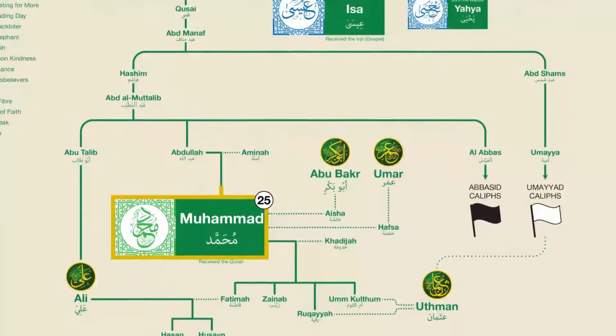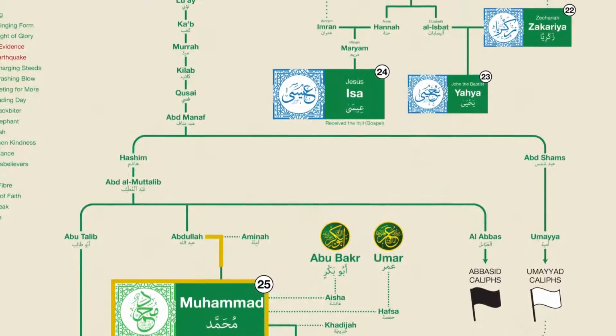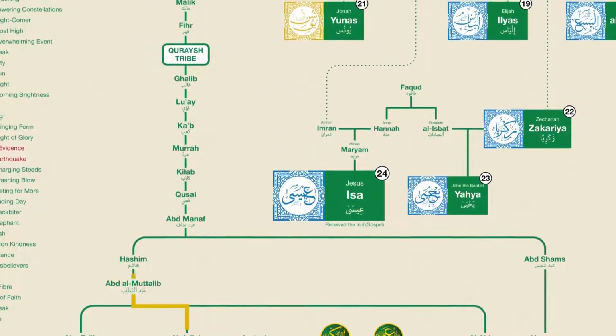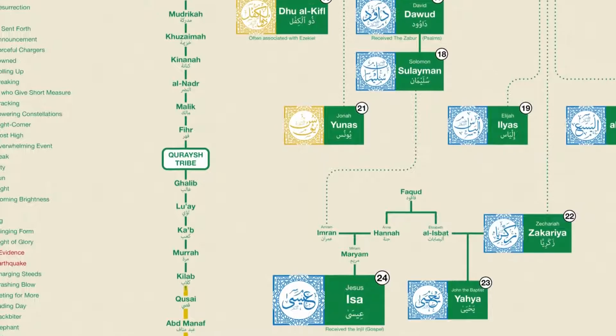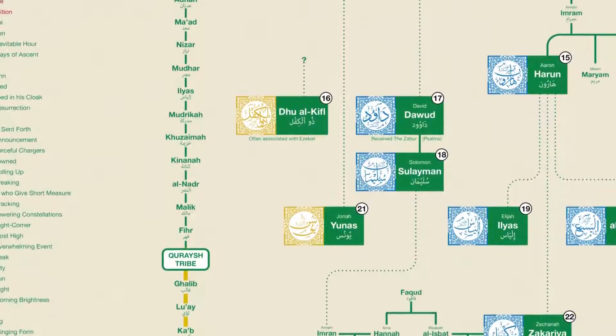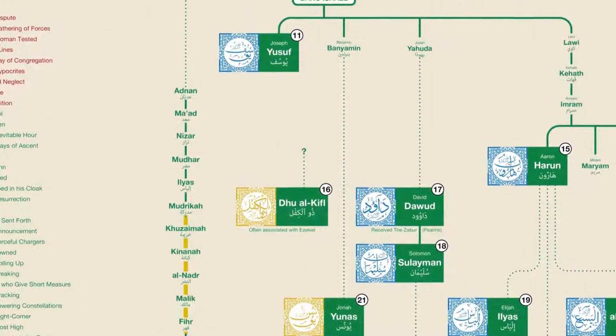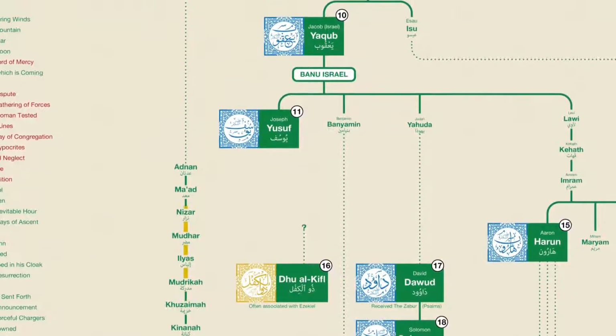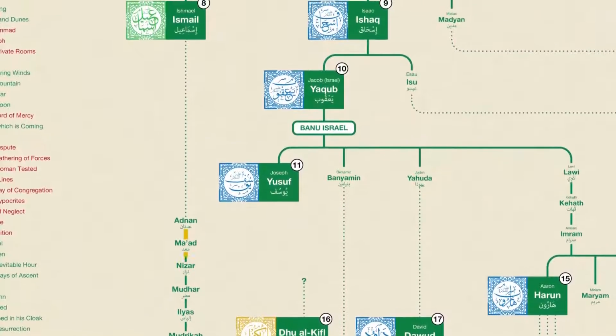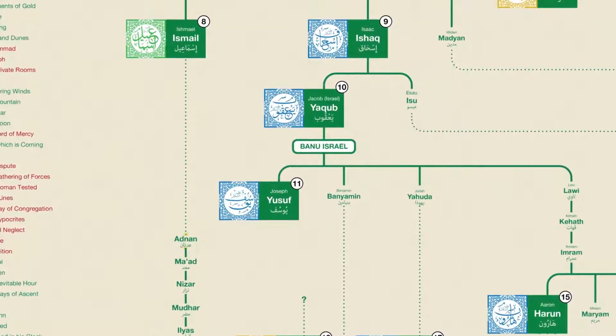As I mentioned earlier, Muhammad is said to be a descendant of Ismail. The genealogy is not actually given in the Quran, but there is a well-established tradition that traces his line back to a patrilineal ancestor named Adnan, who in turn was said to have been a descendant of Ismail.